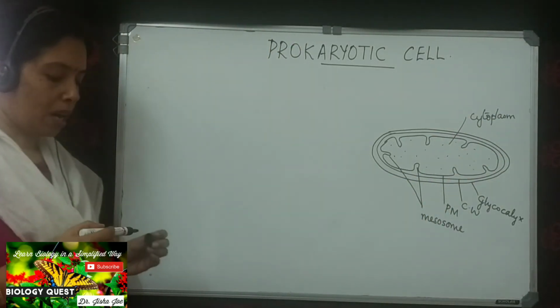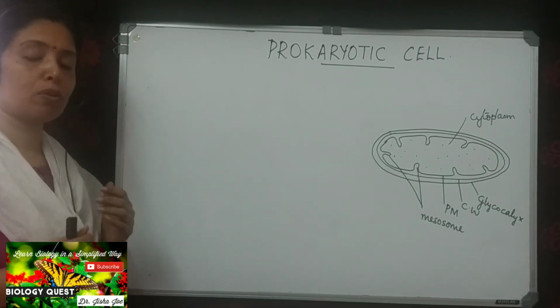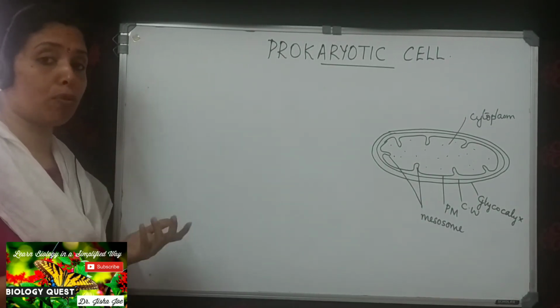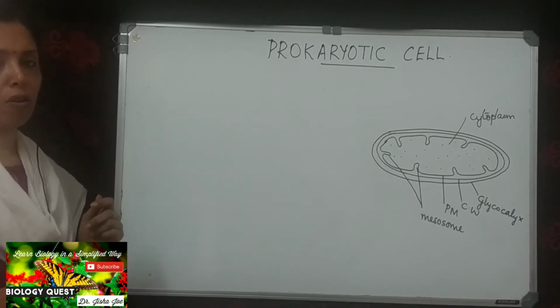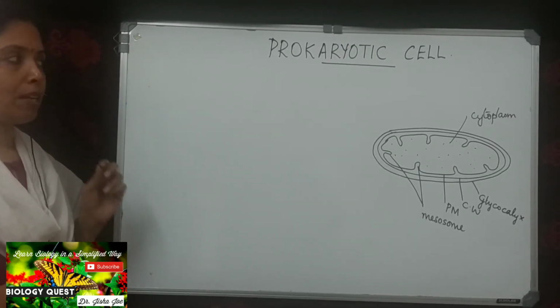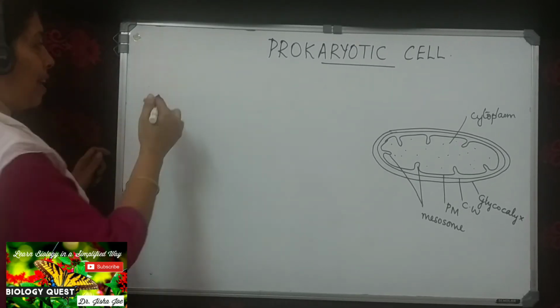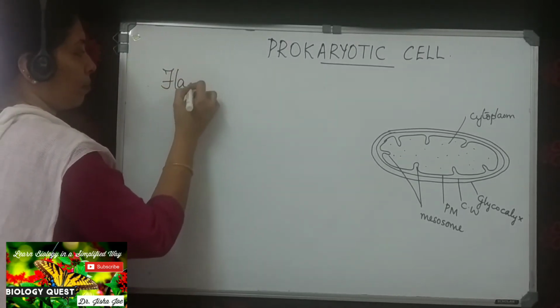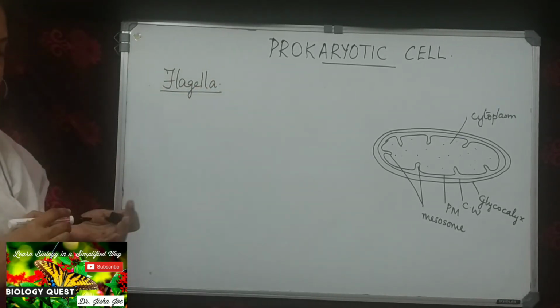Now bacteria are of two types based on their ability to move. Those bacterial cells that can move are called motile forms, whereas the ones that do not move are called the non-motile forms. Now in motile forms there is a structure which is called the flagella. Flagella is plural, flagellum is singular.